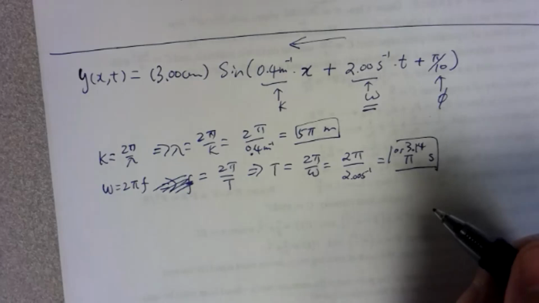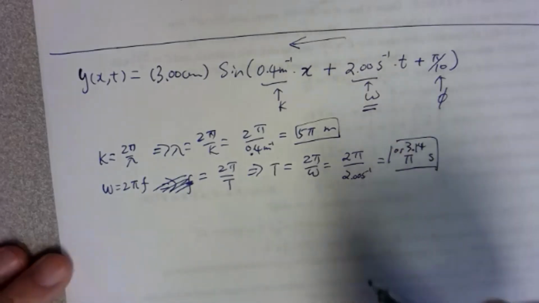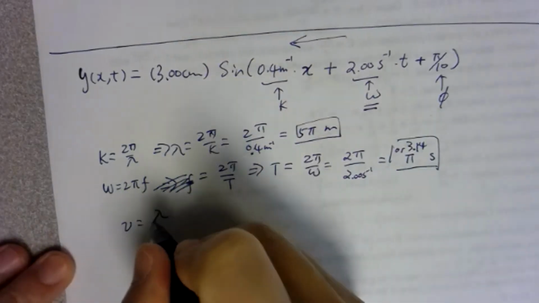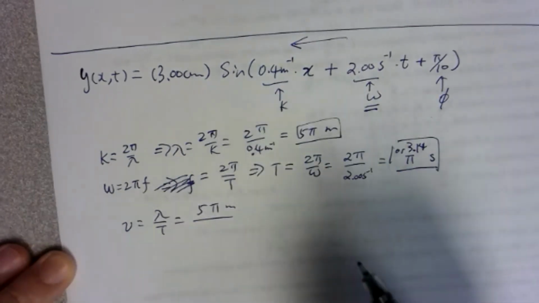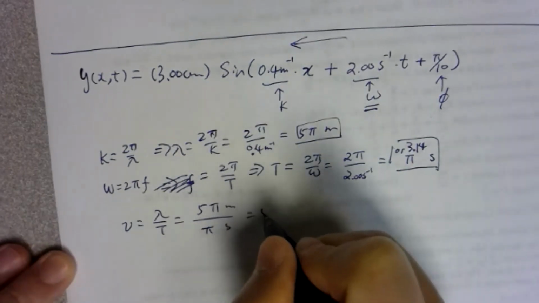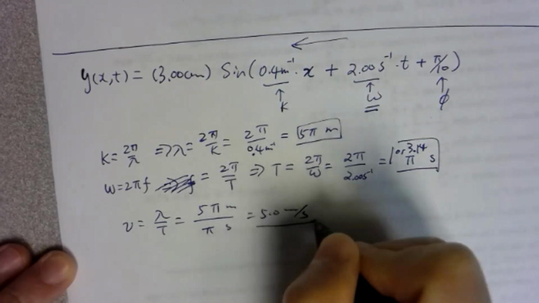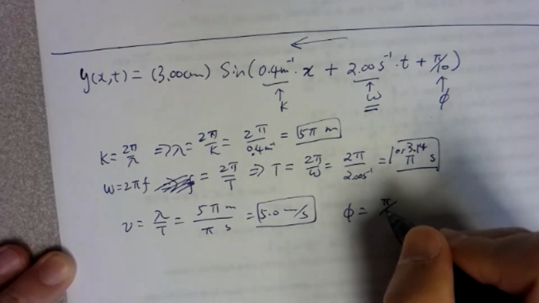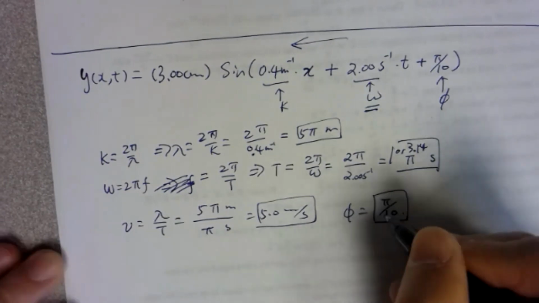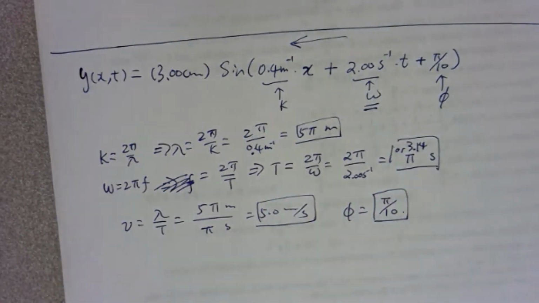Then v would be lambda over T, which is 5 pi meters divided by pi seconds, so 5.0 meters per second. The initial phase is pi over 10, as shown.